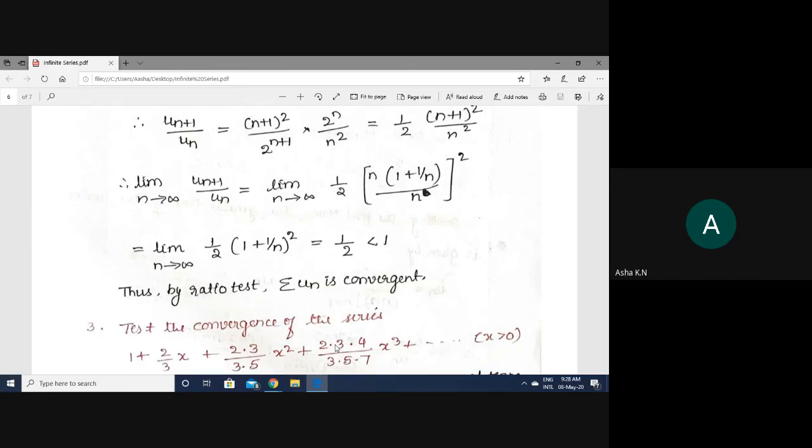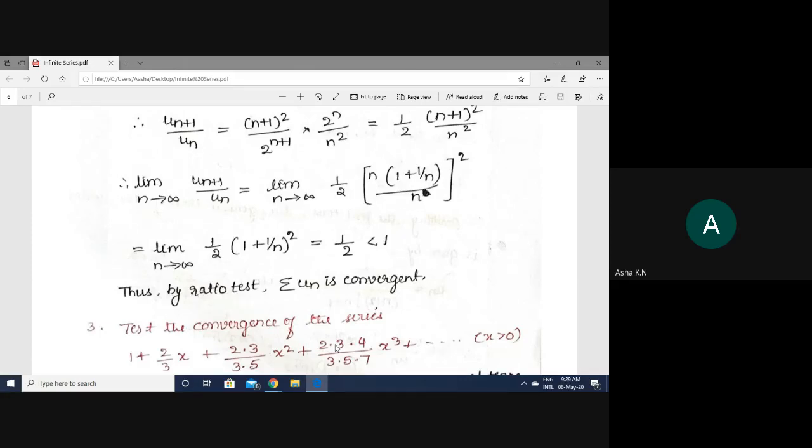So in such a series, because it's already an infinite series, even if you add some finite terms, maybe you are adding 1 or 1 plus 1 by 2, the nature will not be altered. If you subtract finite terms, the nature will not be altered. If it is convergent before, after adding some finite terms also it will be convergent.